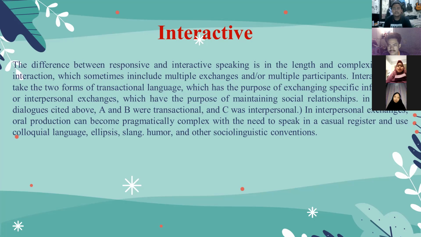In the three dialogues cited above, A and B were transactional and C was interpersonal. In interpersonal exchange, oral production can become dramatically complex with the need to speak in casual register and use colloquial language, ellipses, slang, humor, and other sociolinguistic conventions. Next.